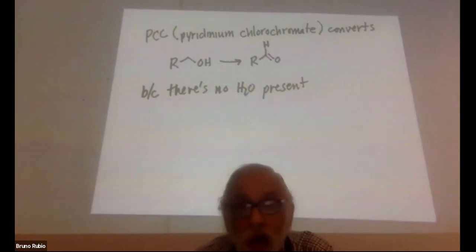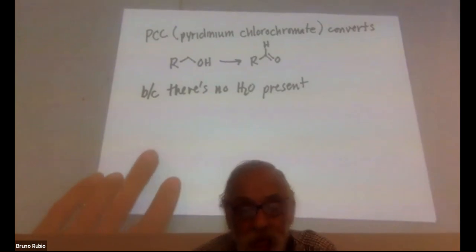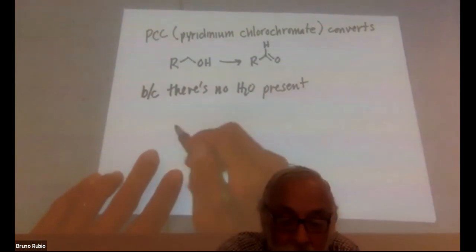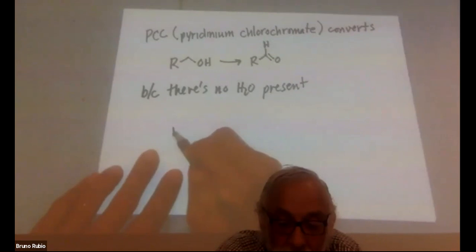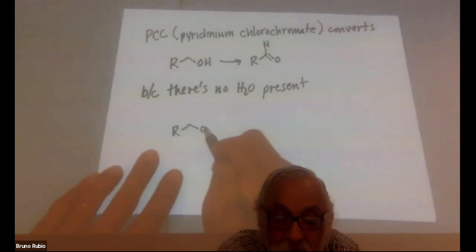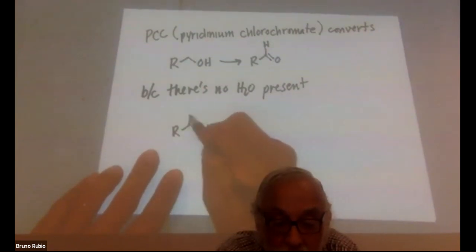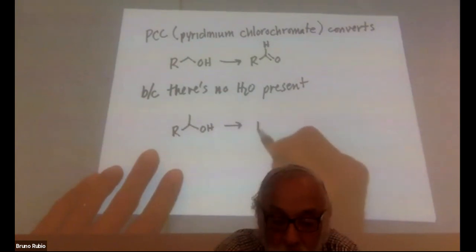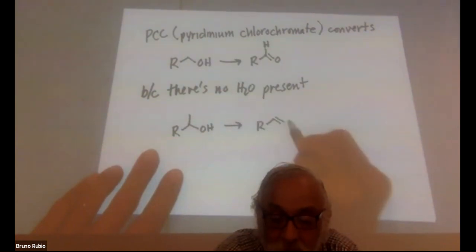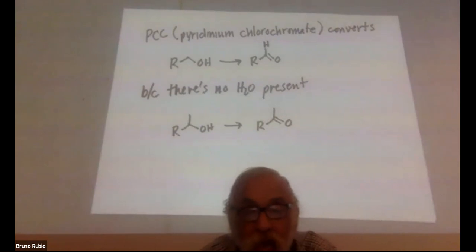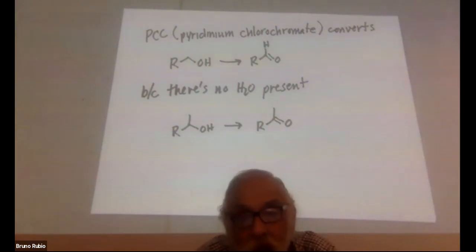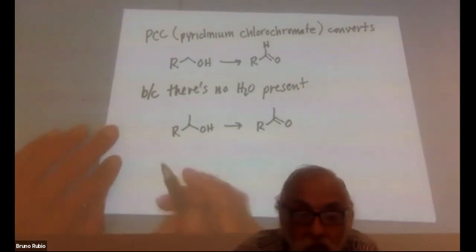There is no water, so the second round of oxidation can't happen. So the primary alcohol is converted to an aldehyde. And also the secondary alcohol, that is the very same thing as the Jones reagent. It converts the secondary alcohol to a ketone.